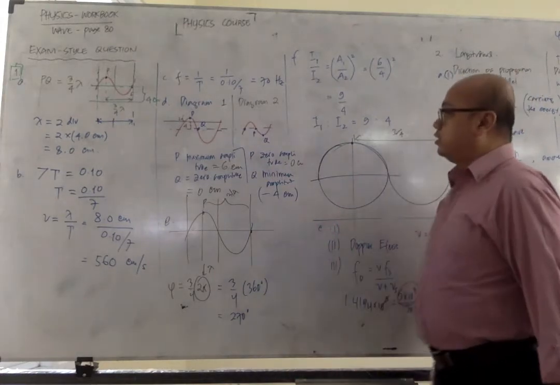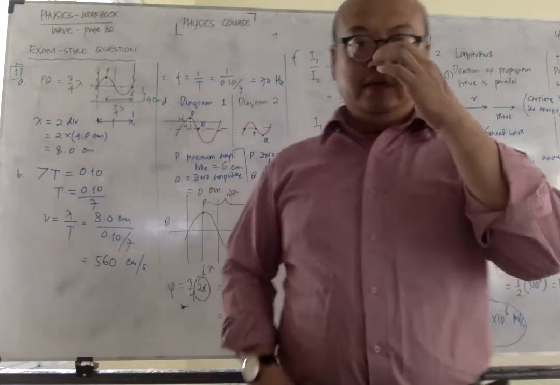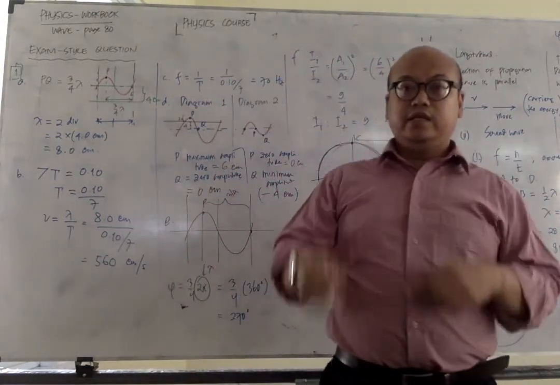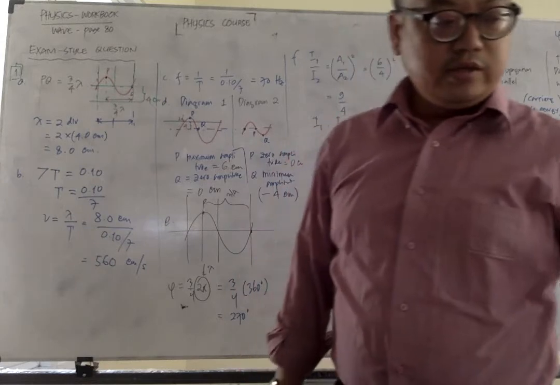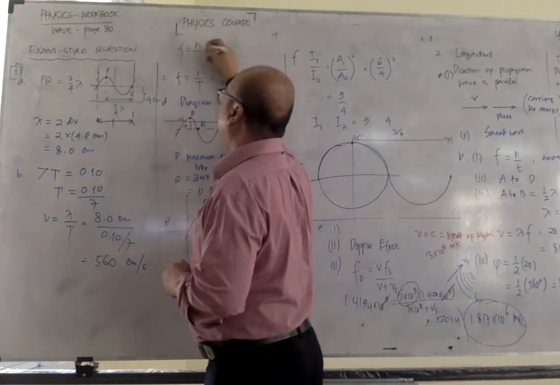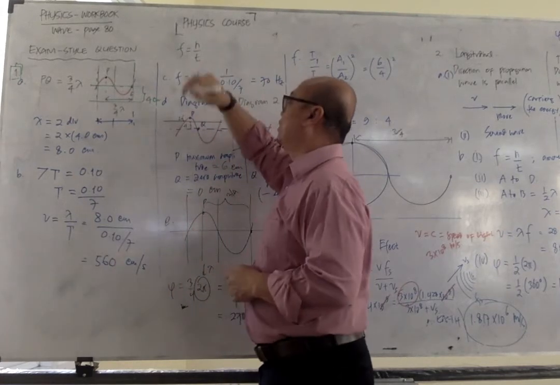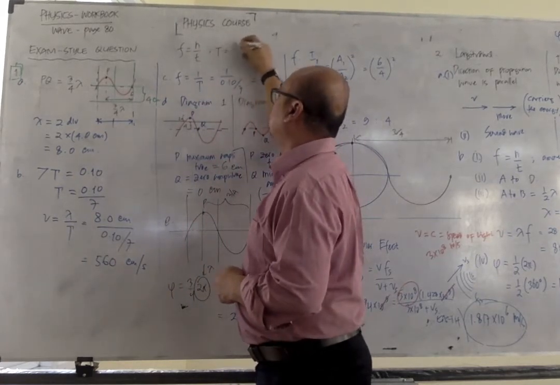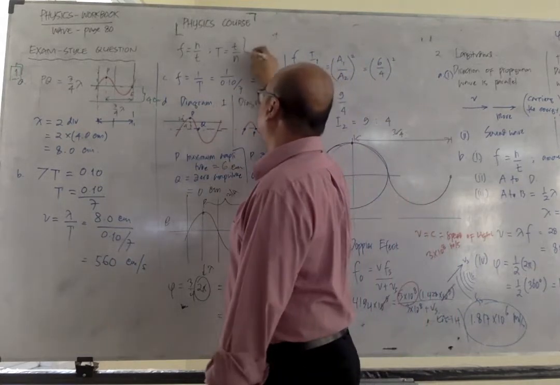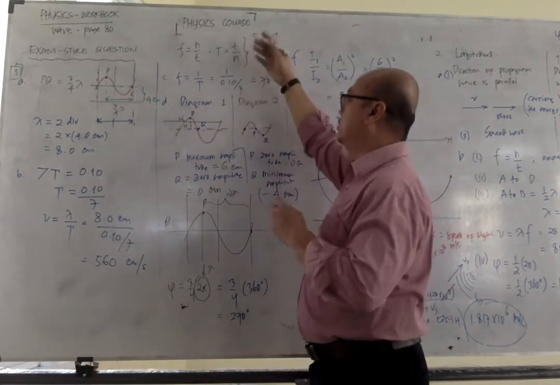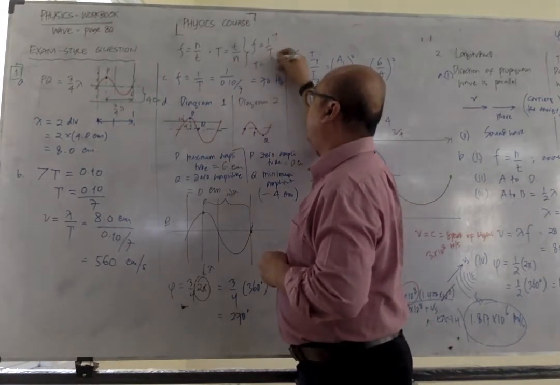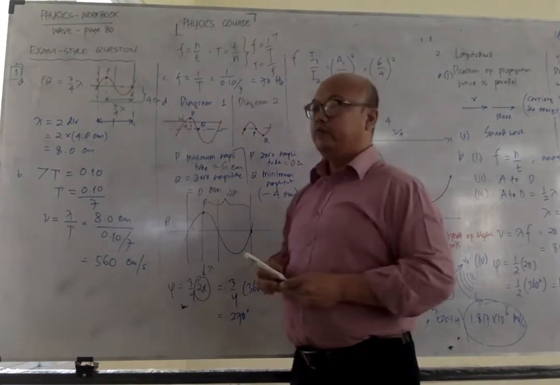Now question C is about the frequency. The frequency is 1 over t, because frequency is the amount of waves divided by time, and the period is time divided by the amount of waves. So from this equation, frequency is 1 over t, or t equals 1 over frequency.